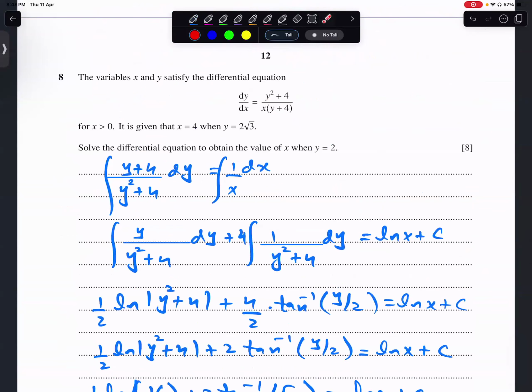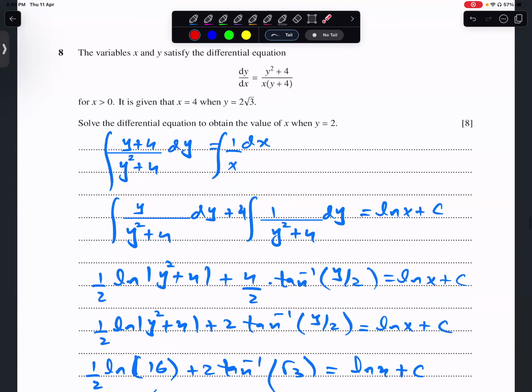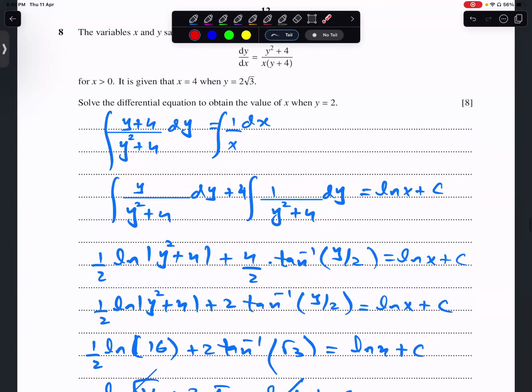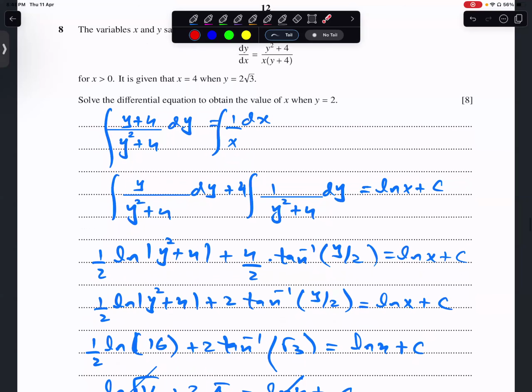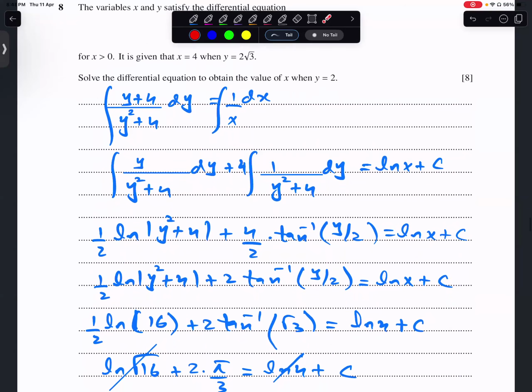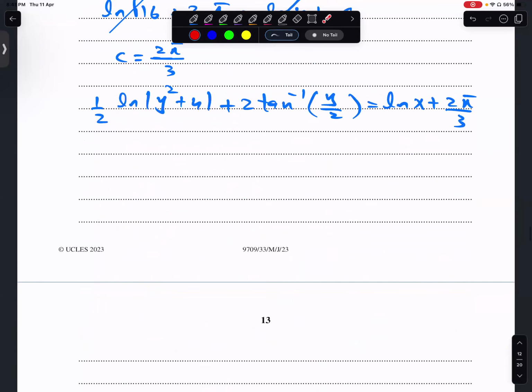Now students, solve the differential equation to obtain the value of x when y is equal to 2. So let's find x.